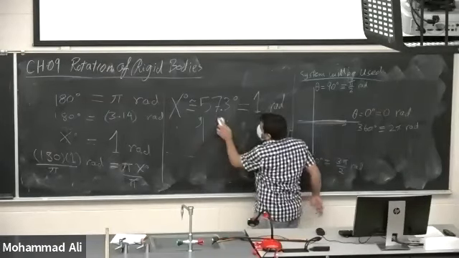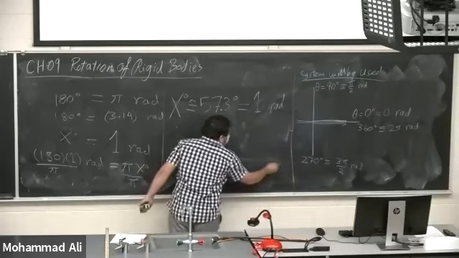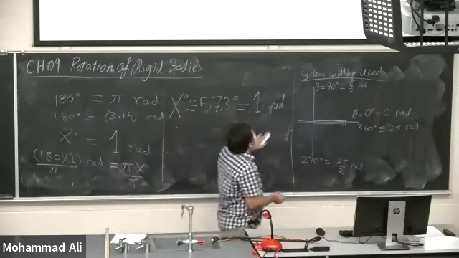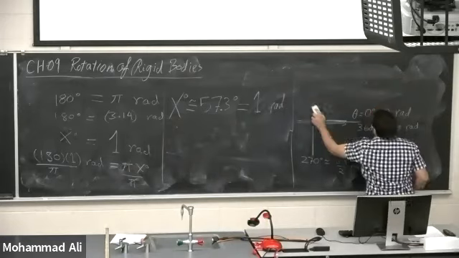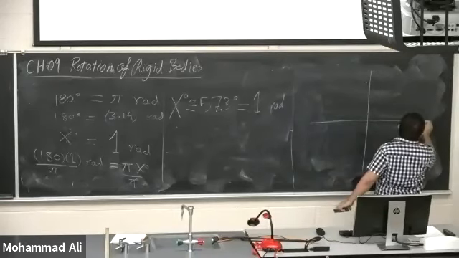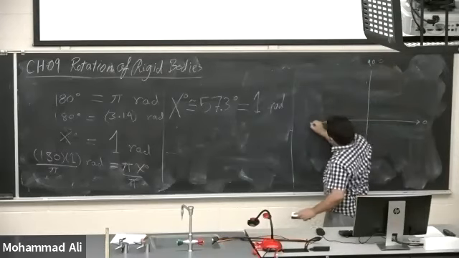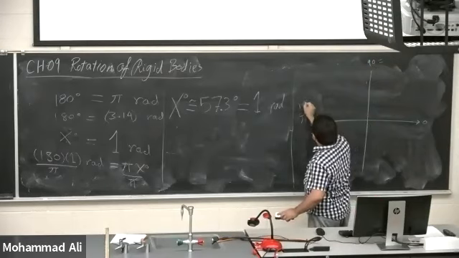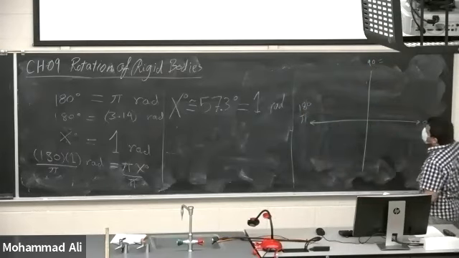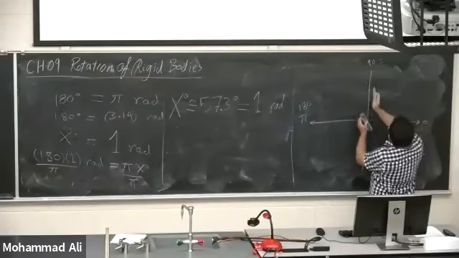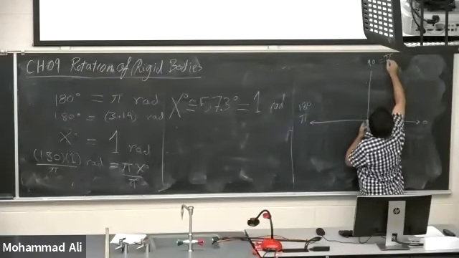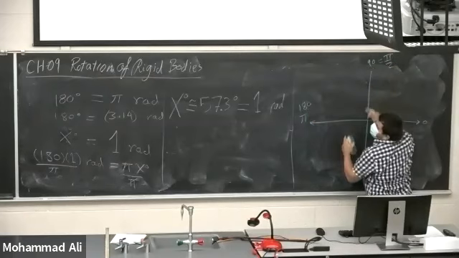Also, we have some important angles in radians. As we know, this is 0, this is 90, and this is pi, or 180. 180, the half of it is 90, which is pi over 2, which is 180 over 2.